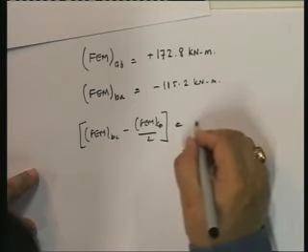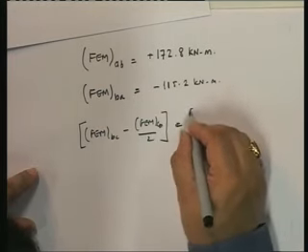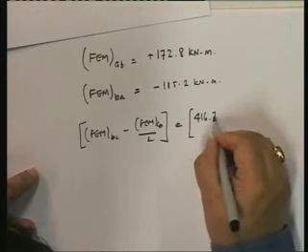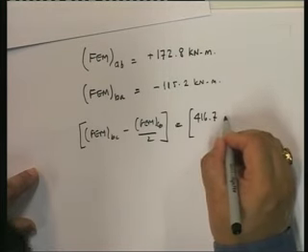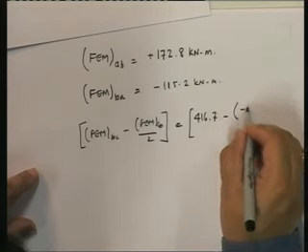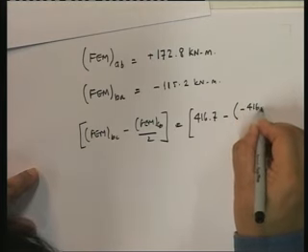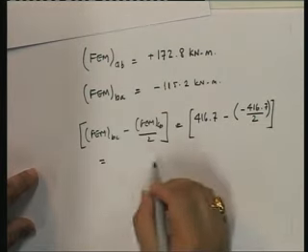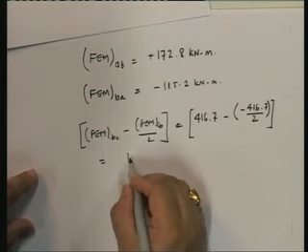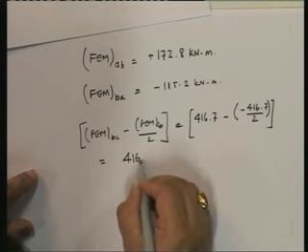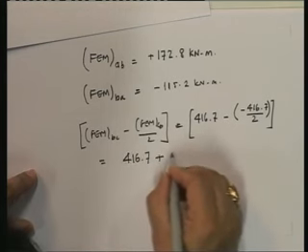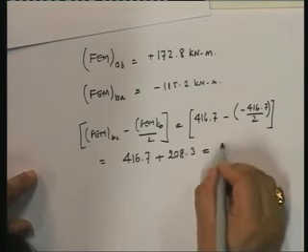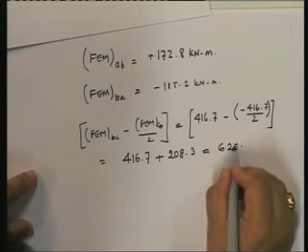So this is going to be equal to 416.7, then plus, and the fixed end moment CB was minus, so it's minus minus 416 over 2. So this becomes 416 plus 208.3, which is equal to 625.